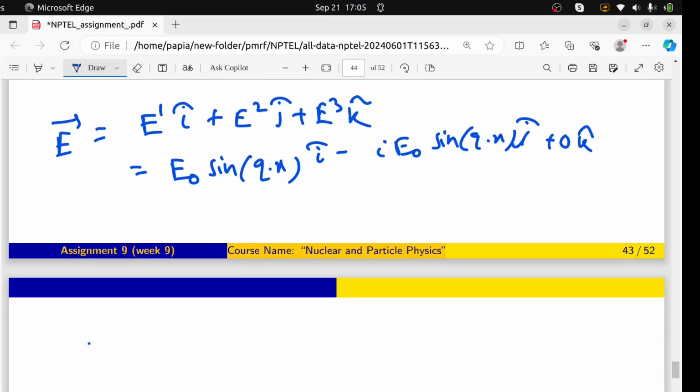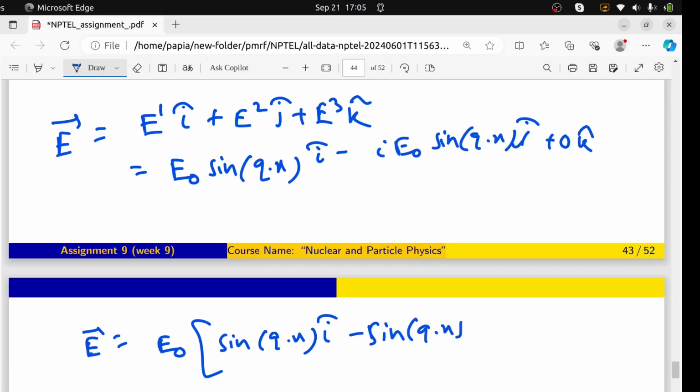So the answer for E vector is like E0 then sin q dot x i cap minus sin q dot x, and here it will be 1 i and then j cap.